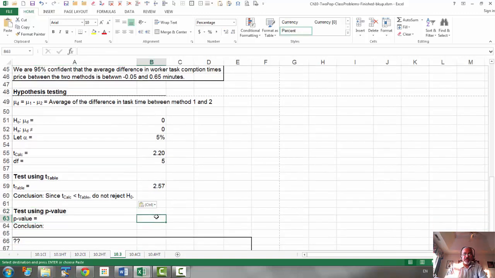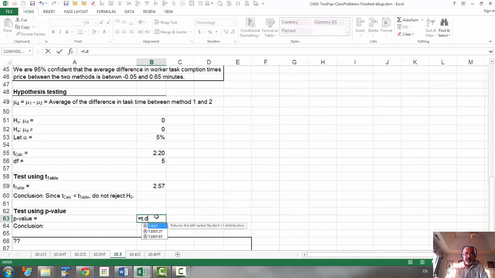Now p value is given by t dot dist, and we use the 2t function. Then we give the calculated t value and the degrees of freedom.